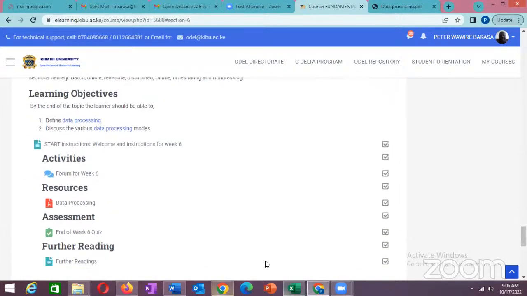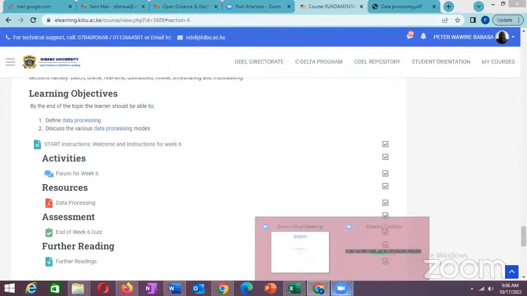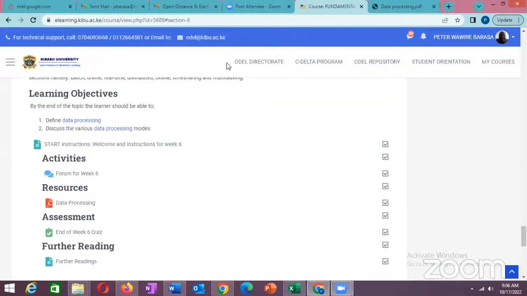So Kevin Mauti, your registration number, please. Can you type your registration number on the chat? Kevin, type your registration number. Kevin Mauti, kindly type your registration number on the chat.